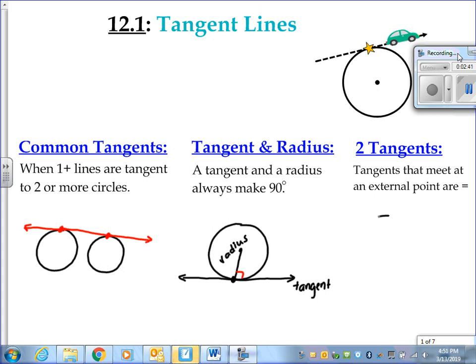So if I have a circle, and we've drawn a few of these before, if I have a tangent that touches the top of the circle, let's say I also have another tangent touches the bottom of the circle, these lengths are going to be equal. So let's just do some examples using these three scenarios.